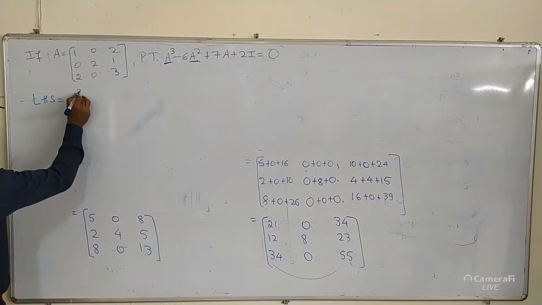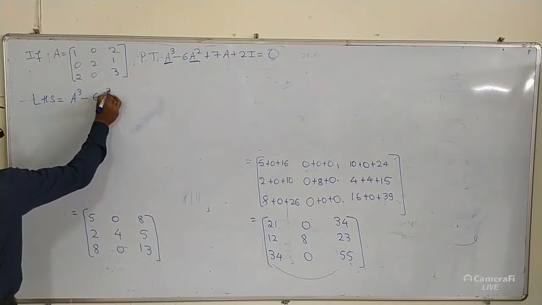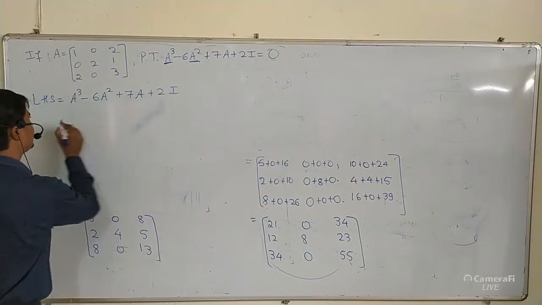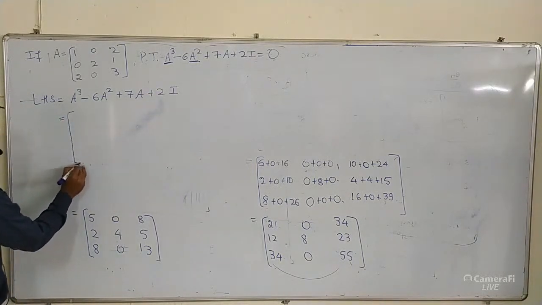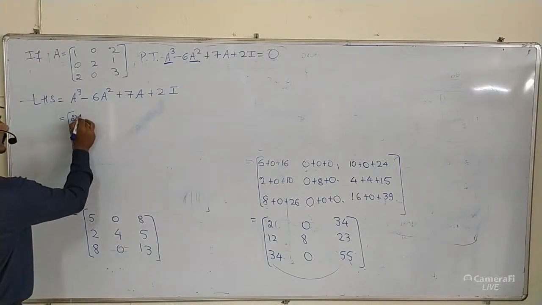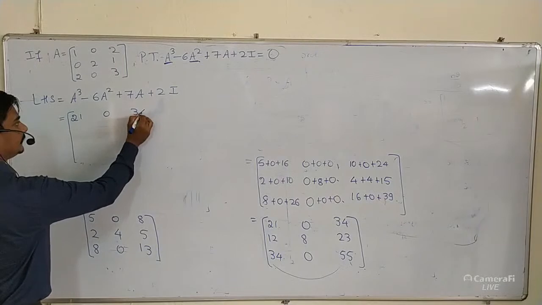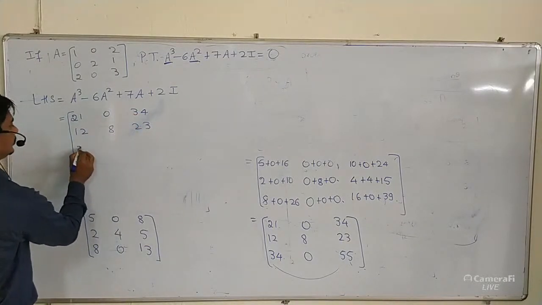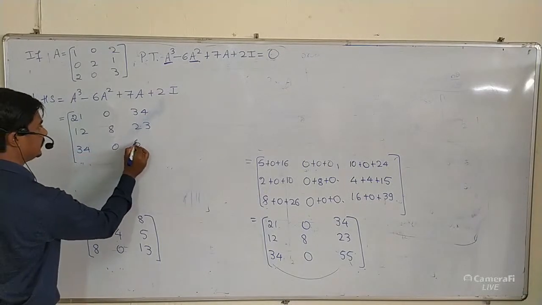LHS is A cube minus 6A square plus 7A plus 2I. So in the place of A cube we have obtained the matrix 21, 0, 34, 12, 8, 23, 34, 0, 55.